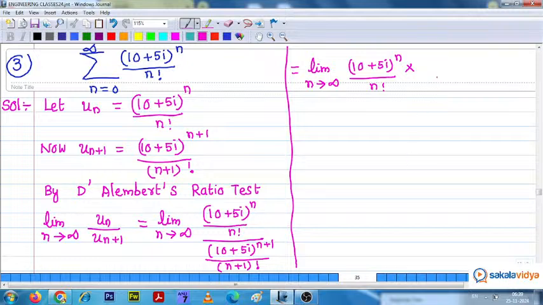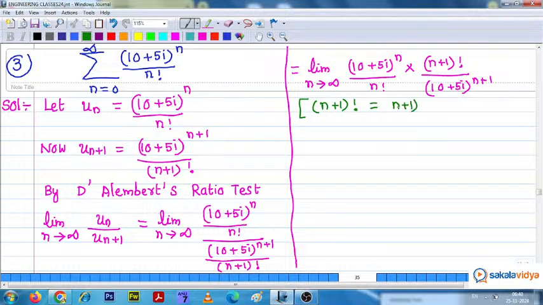The reciprocal of the denominator is n plus 1 factorial upon 10 plus 5i whole to the power of n plus 1. But here two important points are to be noted. One thing to remember: n plus 1 factorial has a shifting nature. This n plus 1 factorial we can write as n plus 1 into n factorial.